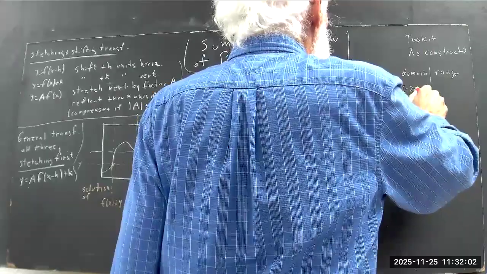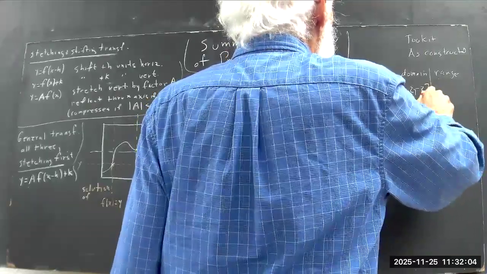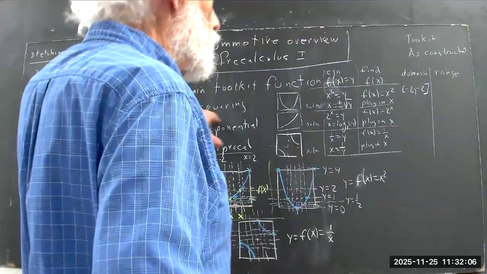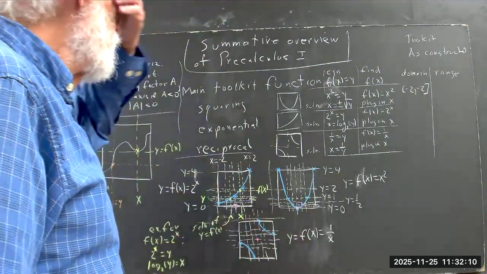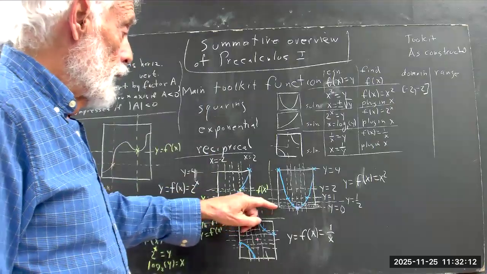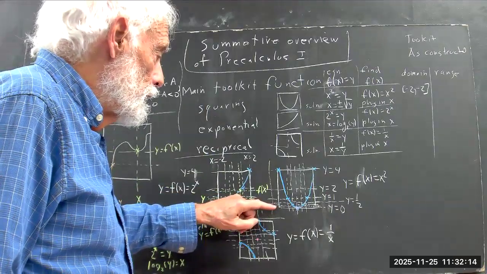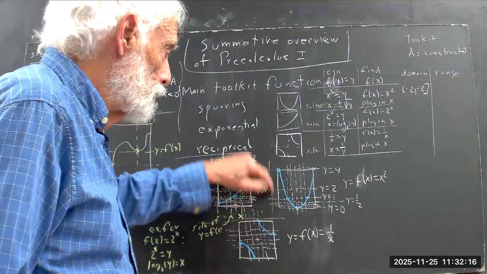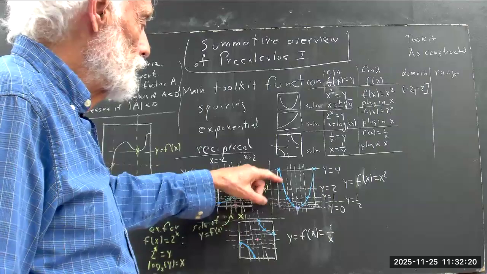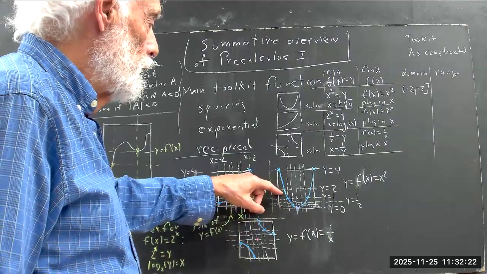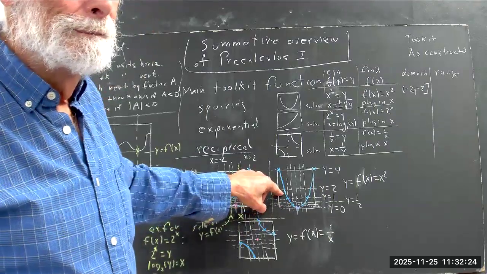The domain of the toolkit squaring function goes from -2 to 2, meaning that every x value between -2 here and 2 here has a point above it or below it on the graph.